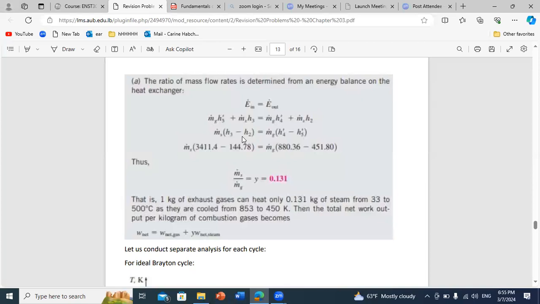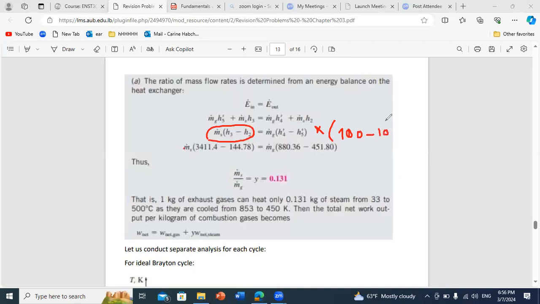So if I tell you the loss is 10%, then the efficient part is 90%. You say that the energy extracted by steam will be m dot gas times h prime 4 minus h prime 5 times the efficiency, or 1 minus the loss fraction. So with 10% loss, you do 100% minus 10%, so it's 90%.